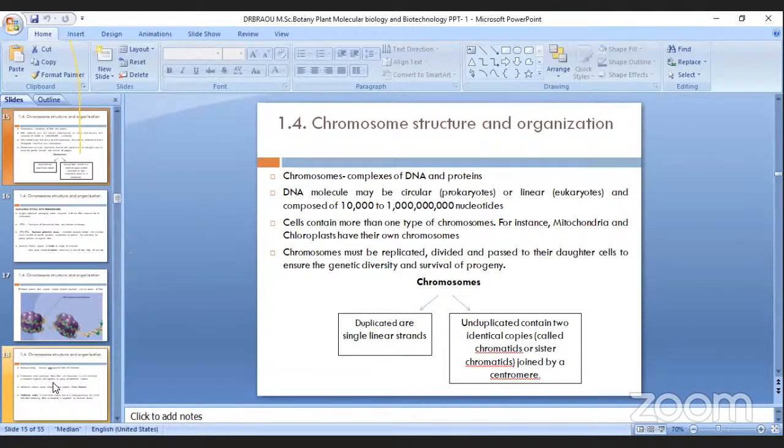The DNA molecules in the chromosomes are circular in prokaryotes and linear in eukaryotes. They are composed of 10,000 to 1 billion nucleotides.